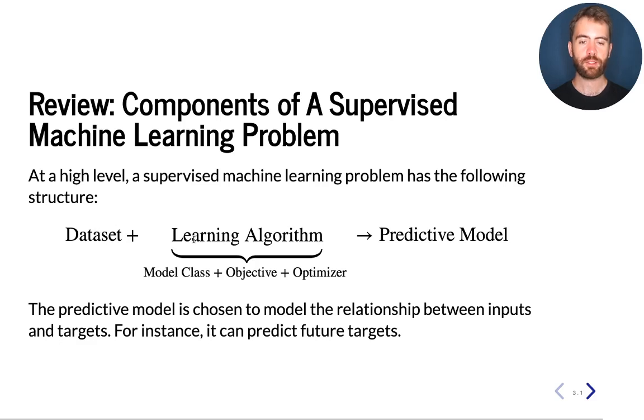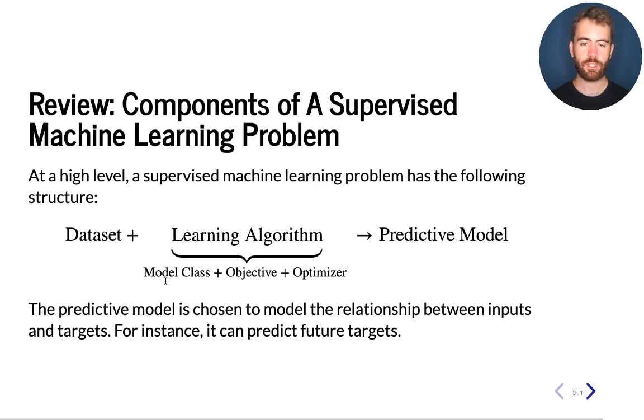And then we define a learning algorithm that the computer uses in order to extract a signal from this data set and use it to define a predictive model. The predictive model is something that we can use for useful tasks, such as prediction and other tasks as well.